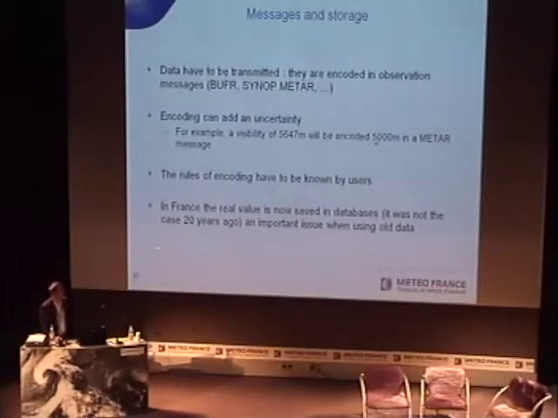And maybe in this example, if you don't know about the rules used to code the message, you will see, wow, maybe I'm between 4,500 and 5,500, but no, you are over 5,500. So it's really important to know the rules that are used to code messages, because otherwise you can make really bad use of the information.